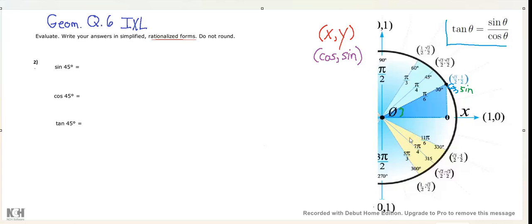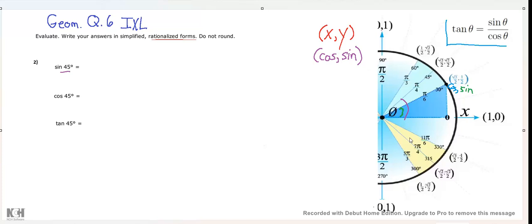All right, so for number two, we're moving right along. I just went ahead and took off this part of the unit circle because we're really only using this first quadrant right there because we're working with 30, 45, 60-degree angles. So number two, we're working with a 45-degree angle. We're looking for the sine of the 45-degree angle. So that's going to be this angle right there.